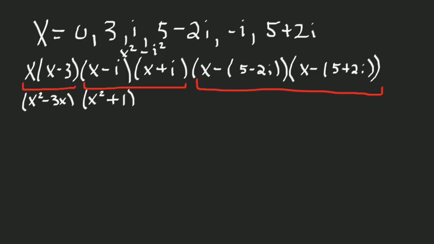And then we come to the next part. Now this part is legitimately pretty long. Okay, so I'm going to use FOIL. First, outer, inner, last. If you don't know what that means, that's what FOIL means. Some of you have said FOIL your whole life and never known what that really meant.